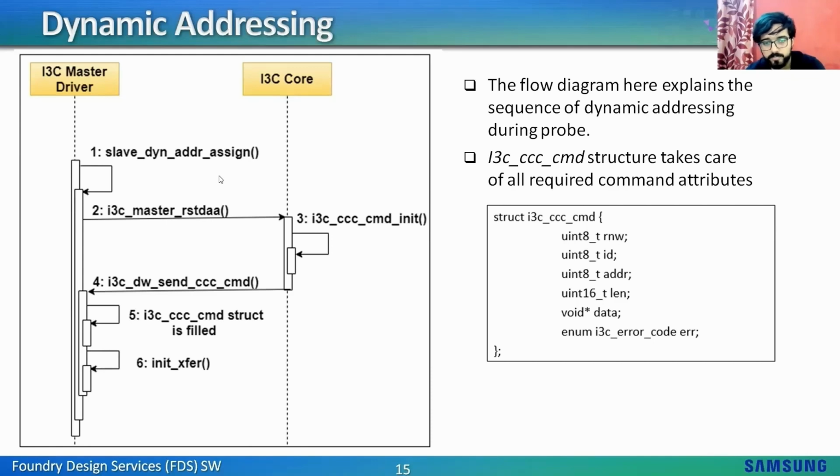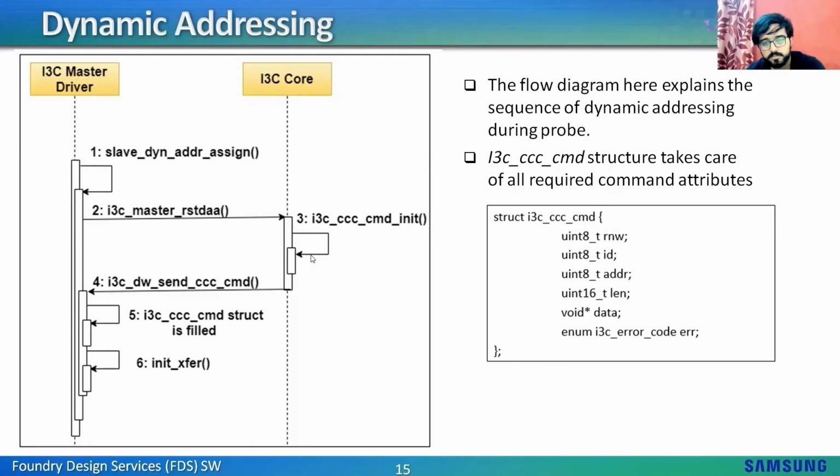So if you look at the sequence diagram here, when this dynamic address assignment function is called, at the end of it, it then further calls the master reset DA function. This function takes care of resetting any previous dynamic address assignments that might have been done. So basically, it resets any dynamic addresses if any were initialized earlier.